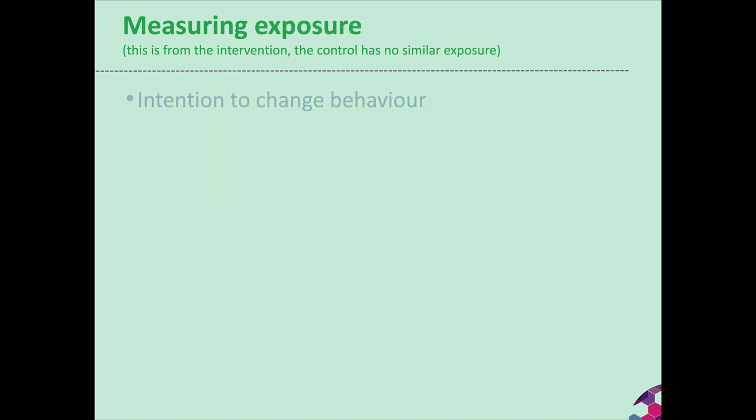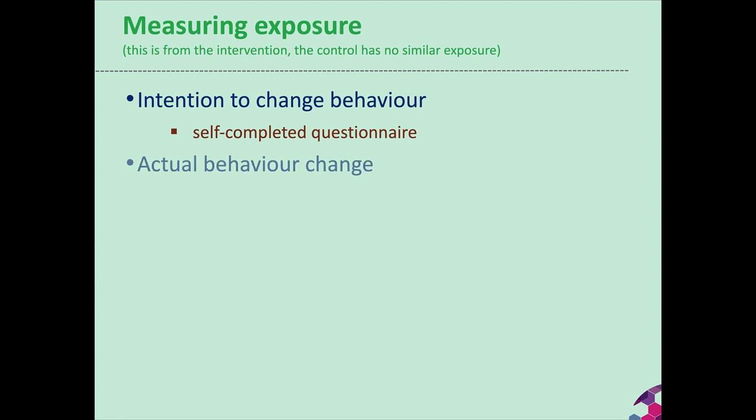And just looking at some examples, so if we look at intention to change behavior, that could be through a self-completed questionnaire that I'm intending to use condoms more often than previously. We could measure actual behavior change, and that could be statistics on changes in the numbers of women using the breast cancer screening service. And so we get data from the breast cancer screening service about how many women attended.